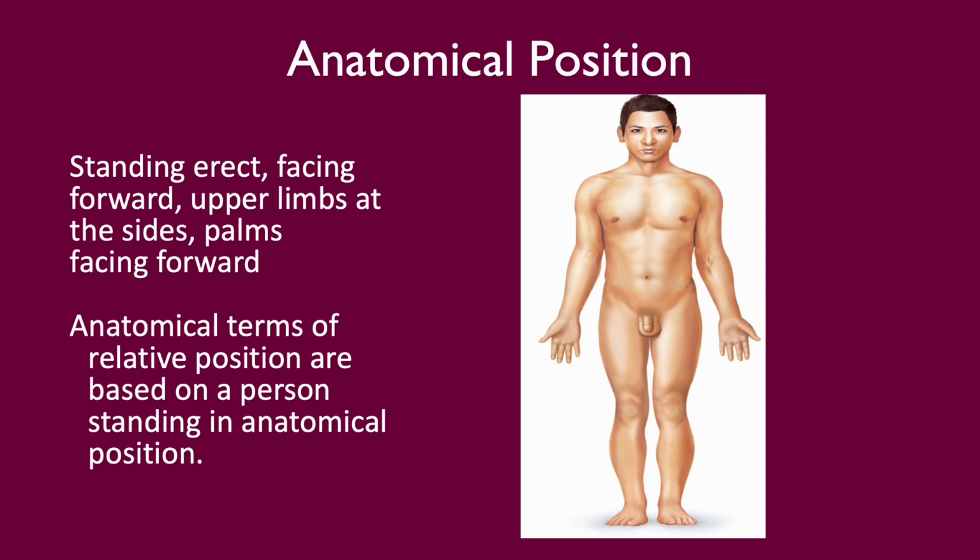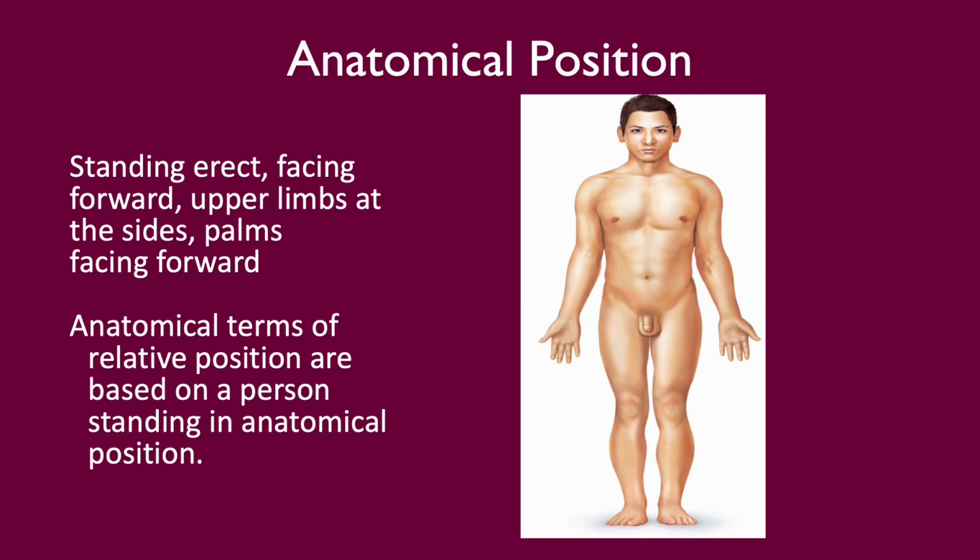Anatomical position. This is how you stand. This is what science calls standing erect. You will stand erect, which is standing straight. You will face forward. Your upper limbs are at your side. Your palms are facing forward. That means your thumbs are pointing away from you.